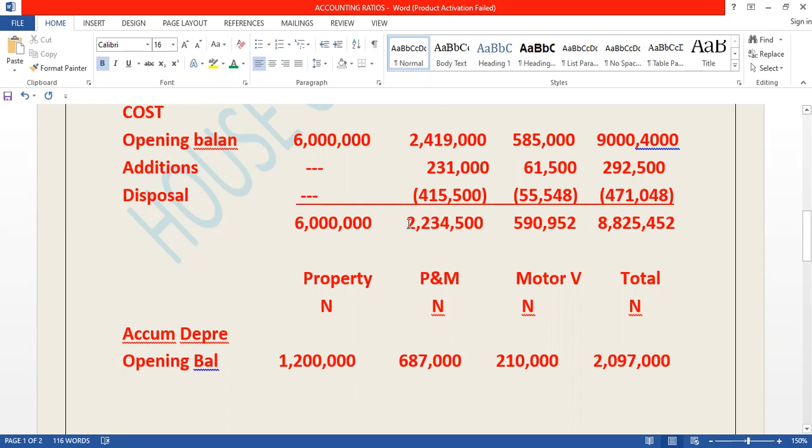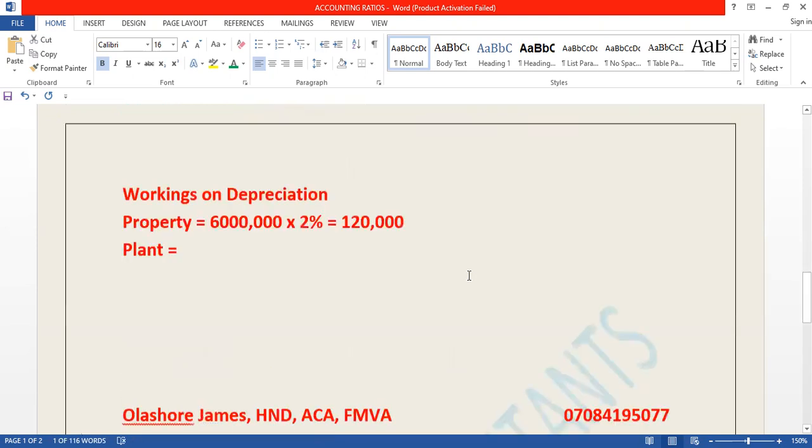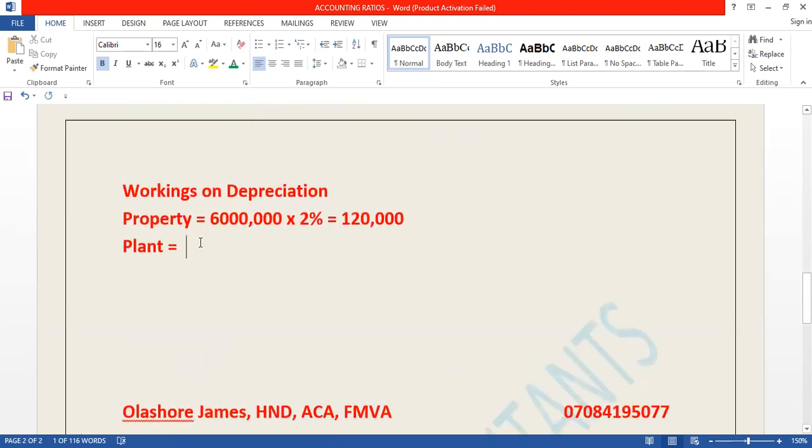But we are going to charge on this new cost now. So we are picking this figure from here. So I will put that new cost here. What is the rate we are charging on depreciation? 20%. Now we are charging 20% because that is the instruction given to us. What is 20% of this?